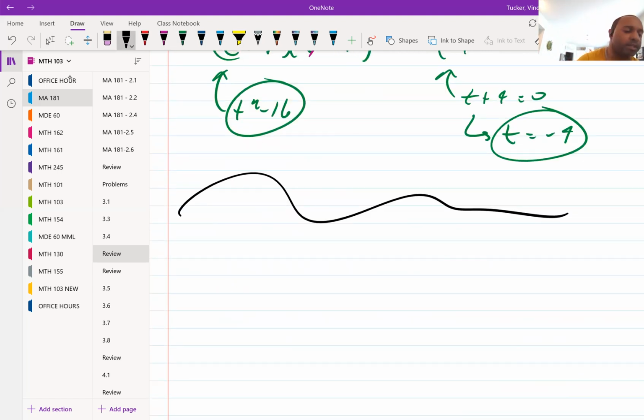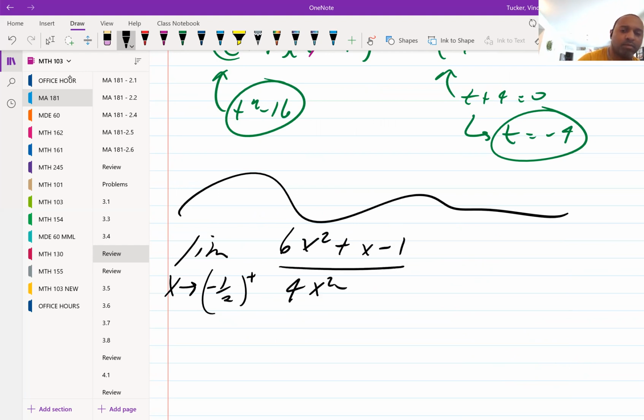Want to find the limit again. All right, so we have 6x squared plus x minus 1 over 4x squared minus 2x minus 4. I want to find the limit as x goes to -1/2 from the right side.